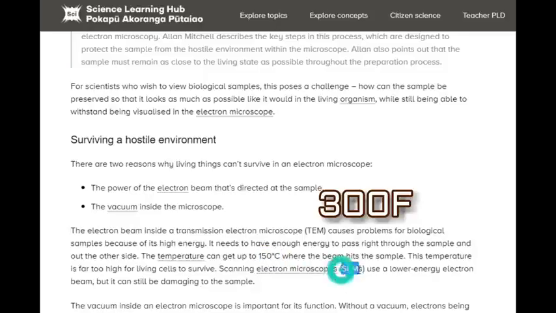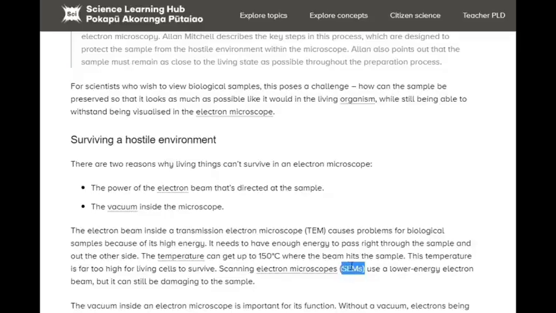And the SEM microscope, that's just another type of microscope, also destroys the sample, but it uses a different technique. With this microscope you need to paint your sample, and then the electron beams reflect off your painted sample.